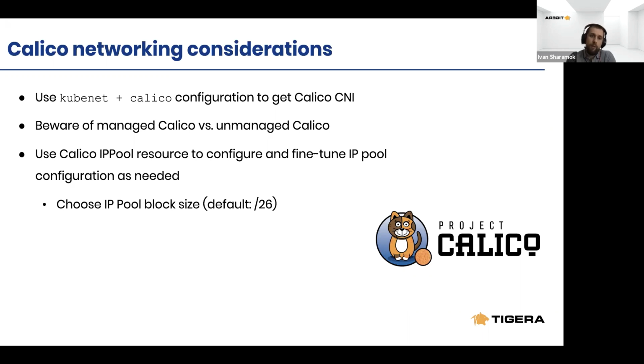If you do that, the AKS controller will revert to whatever version it originally installed in there. There is an option where you can install unmanaged Calico, and the GitHub repo shows you that option. And also, when you're using the Calico CLI, it gives you the ability to fine-tune the IP pool configuration. So you can tweak the block size in there and other settings that Calico IP pools provide.